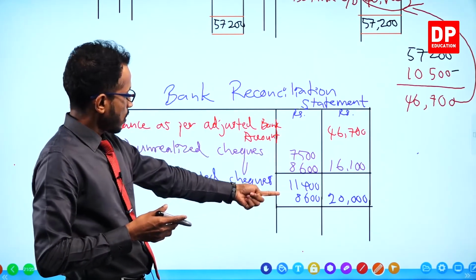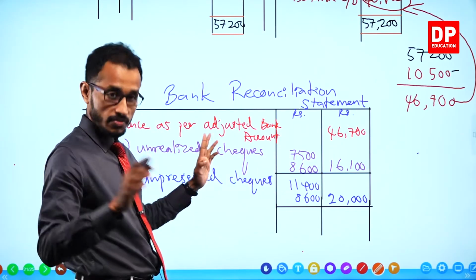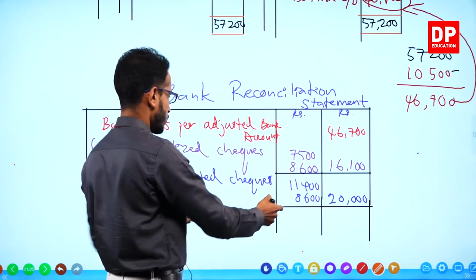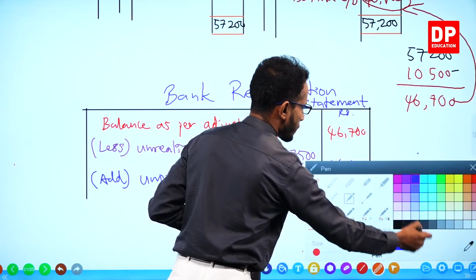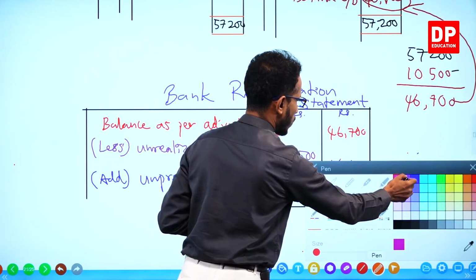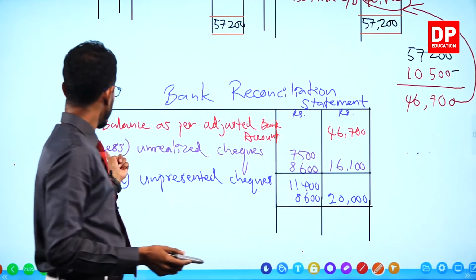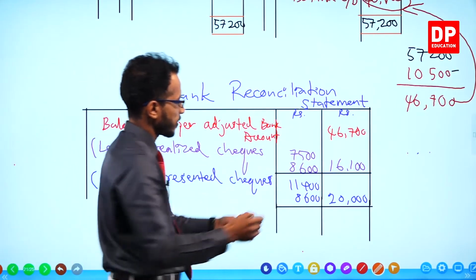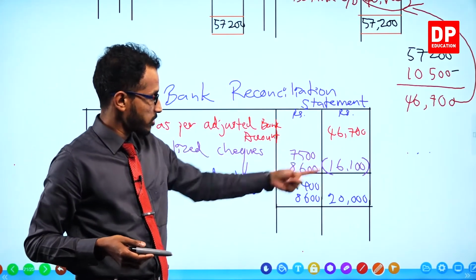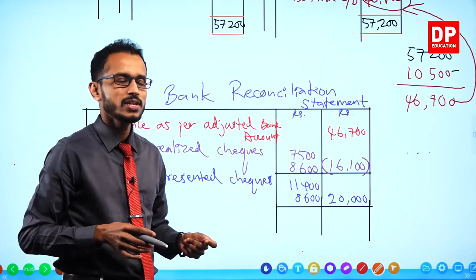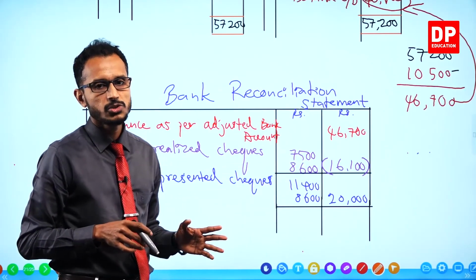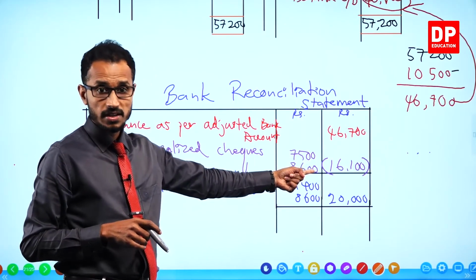All right. After you have taken the totals of unrealized checks and unpresented checks, you do the math. First, subtracting. This one should be subtracted, so the amount should be within brackets. Usually in accounting, subtracted items are shown within brackets.